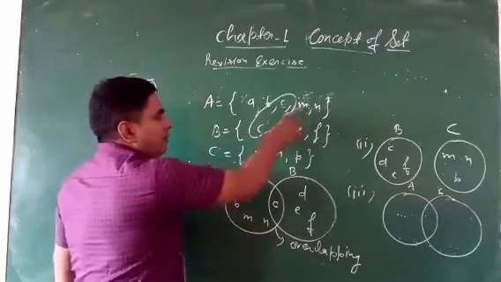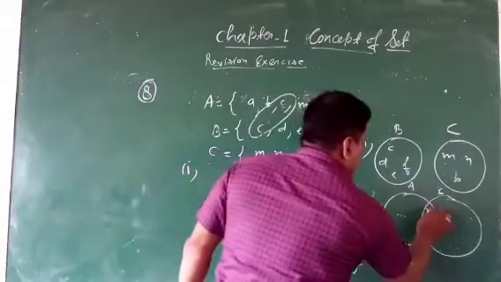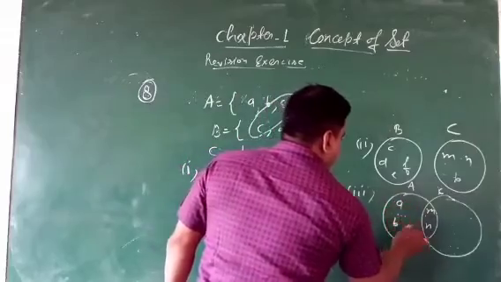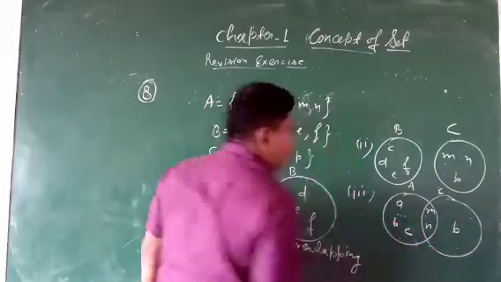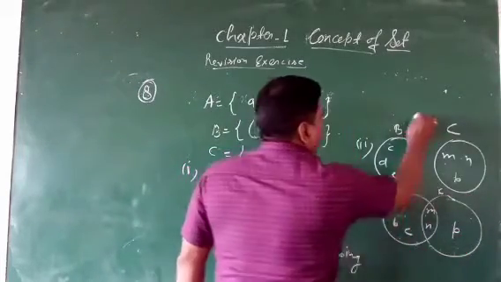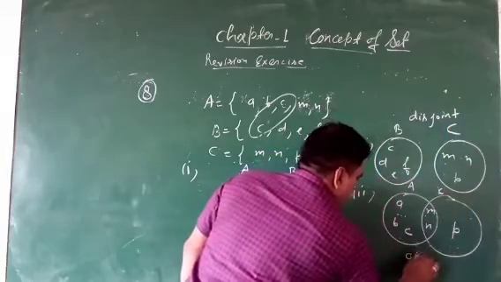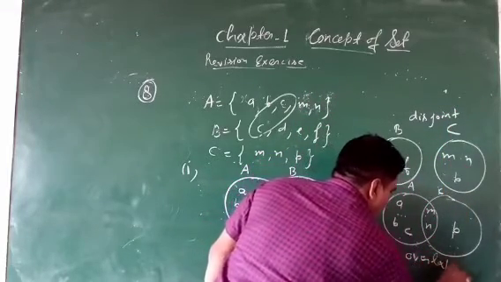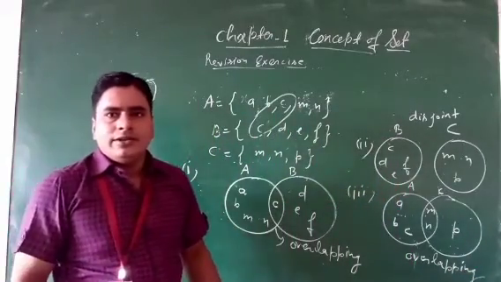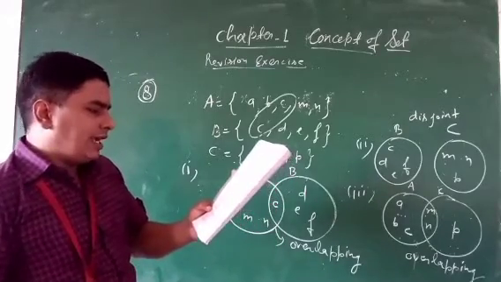In the common portion we write M and N, and the rest of the elements here we write A, B and C, and here T. So this is disjoint and here overlapping. Clear? Okay.